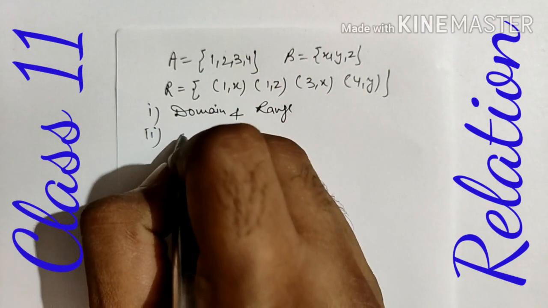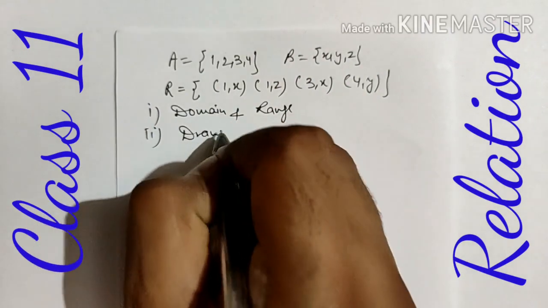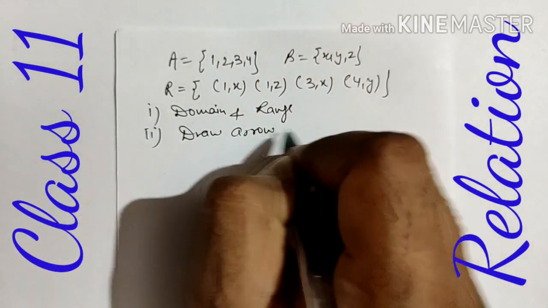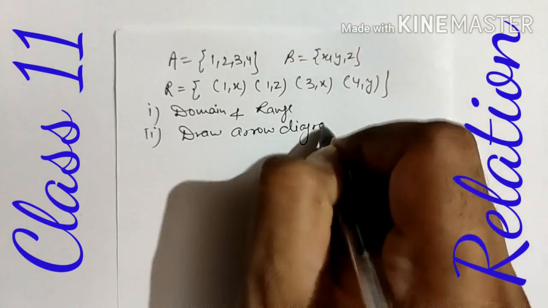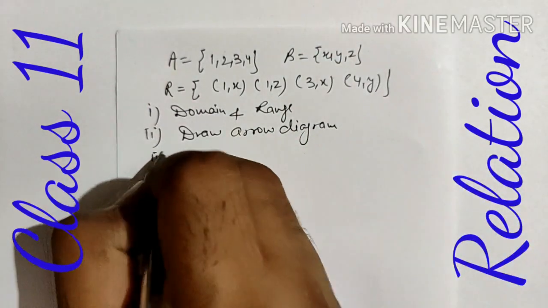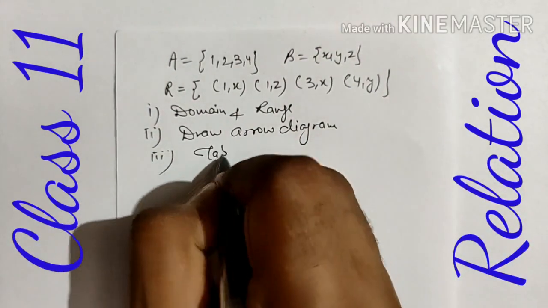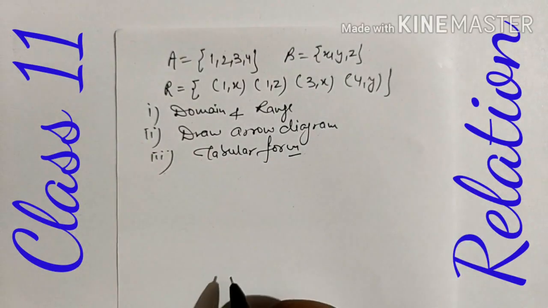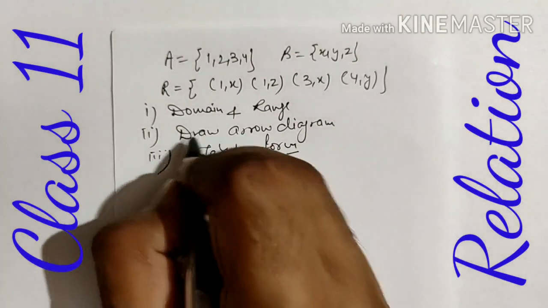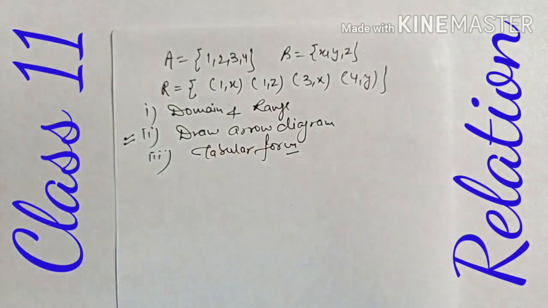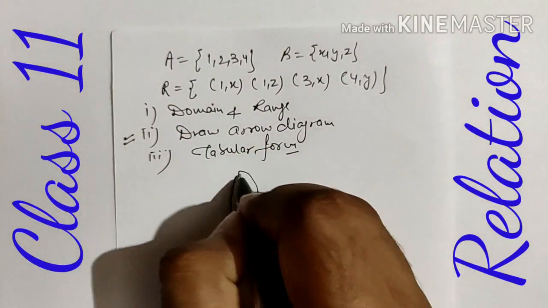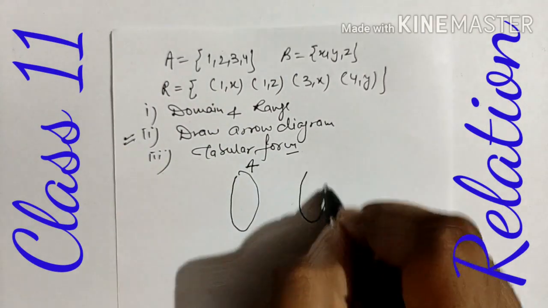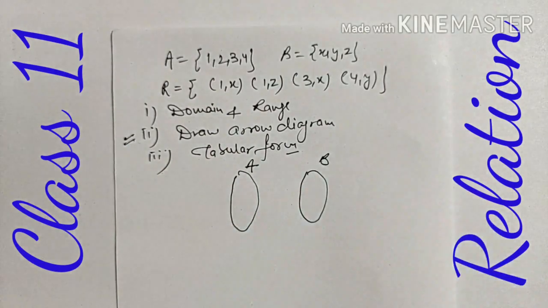In the second part we have to draw an arrow diagram, and in the third part we have to show tabular format. For the second part we are going to do the arrow diagram first, set A on the left hand side, set B on the right hand side.